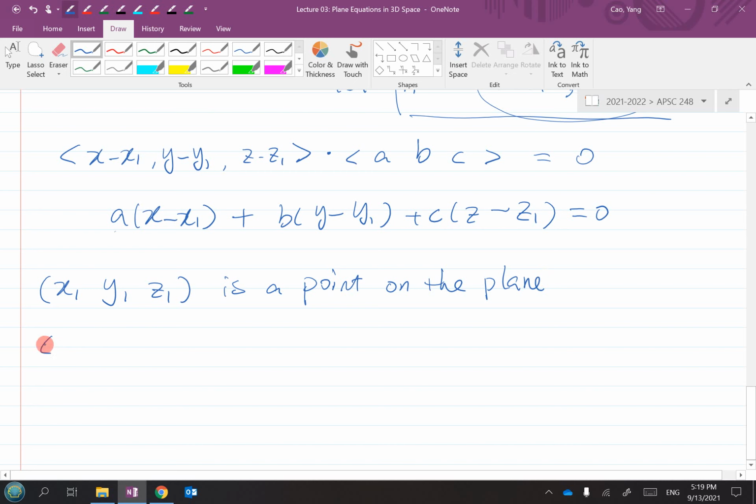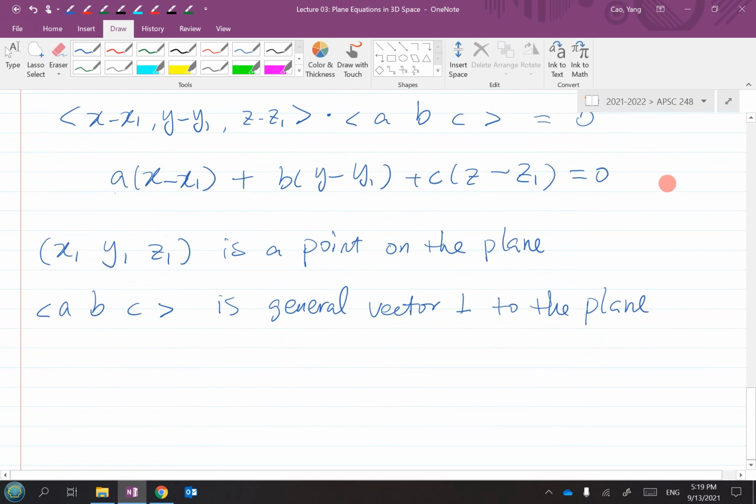And this A, B, C, in brackets, is a general vector normal to the plane. So these two pieces of information, you have to be crystal clear what they are, because they are the fundamental information you need to create the plane equation in 3D space.